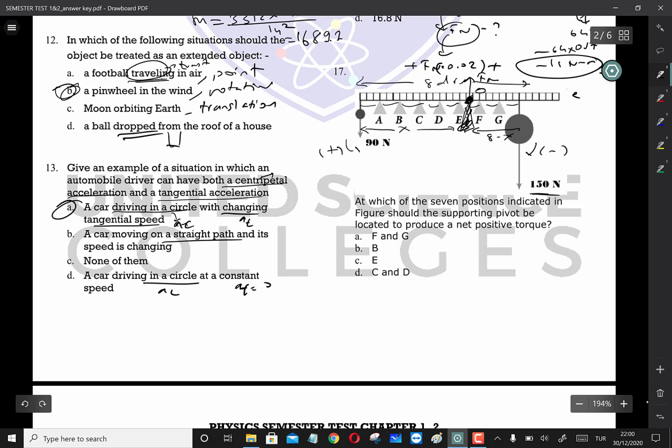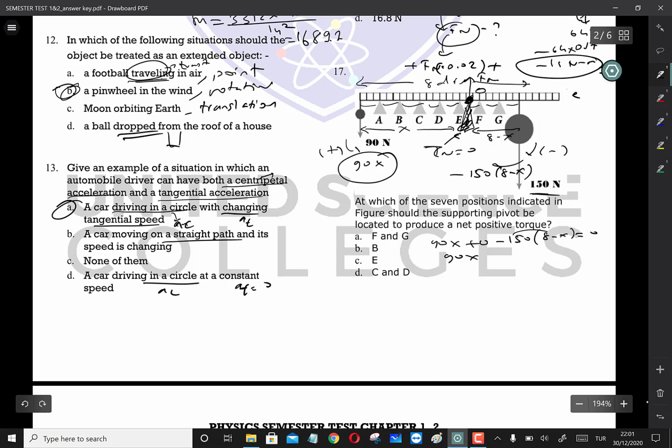So let's calculate them. 90 multiplied by x to the axis of rotation, but 150 produces a negative torque: negative 150 multiplied by 8 minus x. Fn produces 0 torque. Add these torques and make them equal to 0, which means 90x plus 0 minus 150 times 8 minus x must be equal to 0.